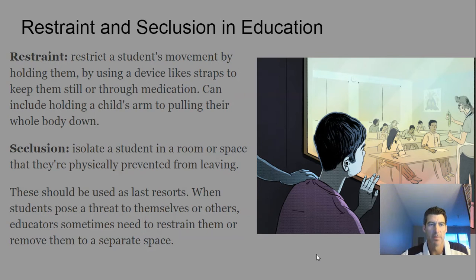Two of the strategies that have been used are restraint and seclusion with them. And by definition, restraint is to restrict the student's movement. This could be holding and using devices like straps to keep them still. It could also be using medication to make them more docile and less out of control.